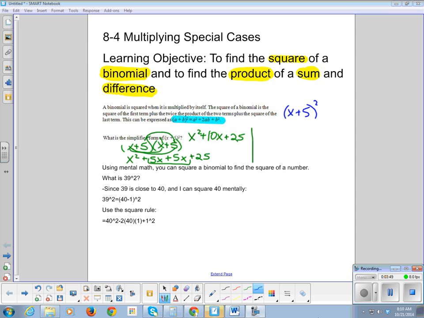In this scenario, x is my a. 5 is my b. So this is equal to a squared, so that's x squared, plus 2 times a times b plus b squared.